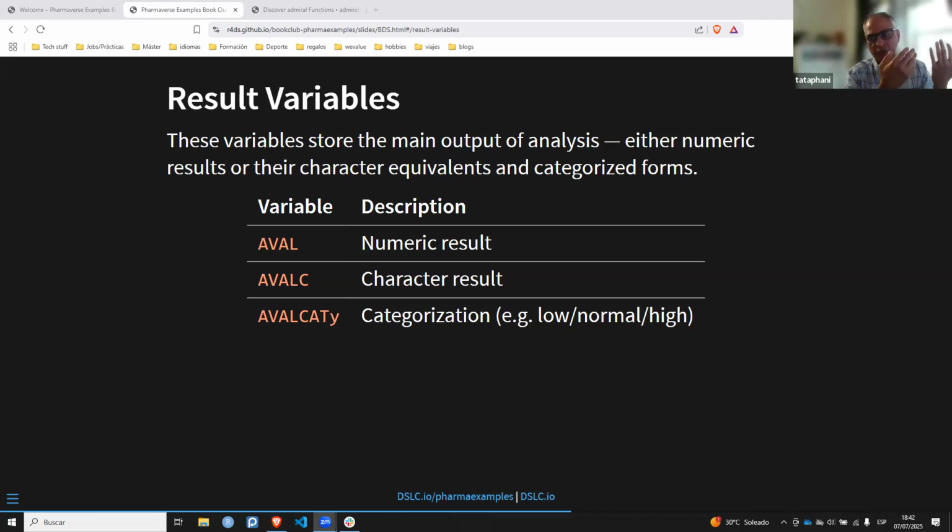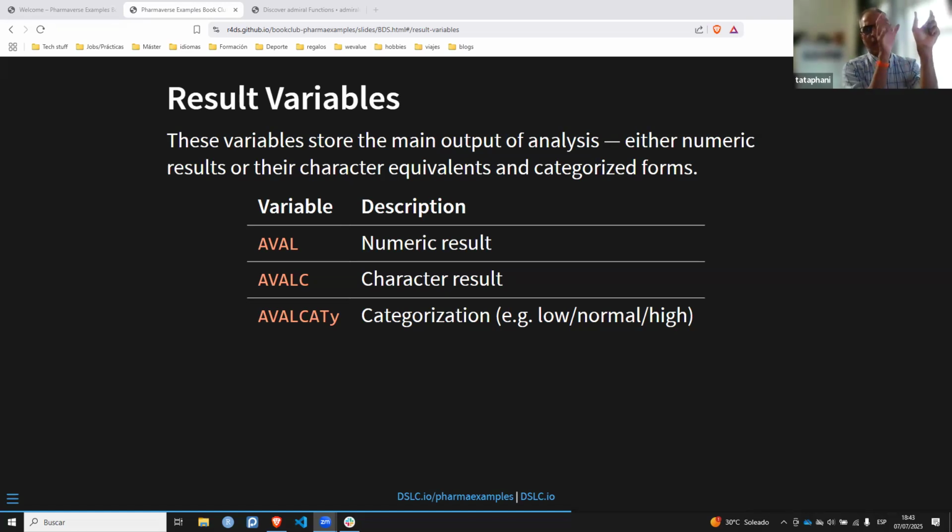When original units have been collected at SDTM level, and, for example, height is measured in centimeters or meters depending on which country the trial is done in, you convert them back into the standard units. You put those numerical values inside AVAL, and the character ones in AVALC. Sometimes in the BDS structure we do not have a column for units.